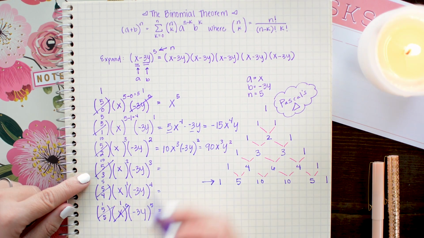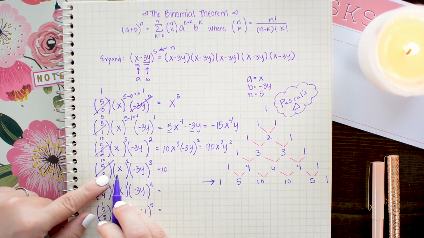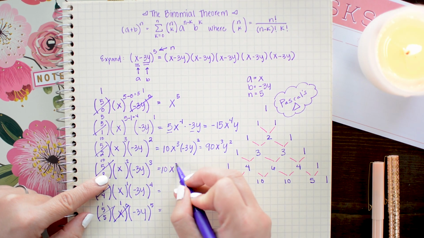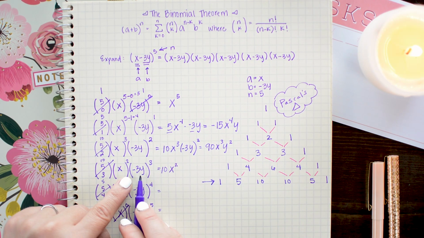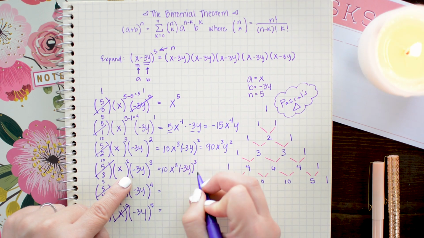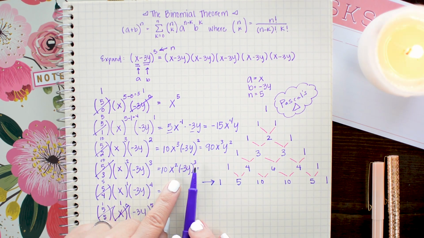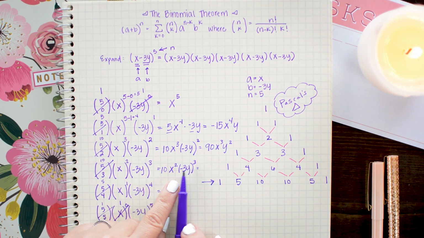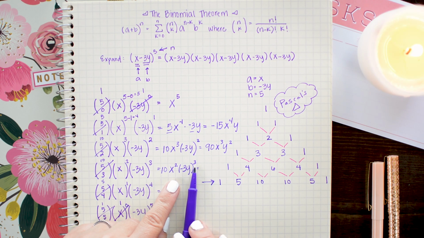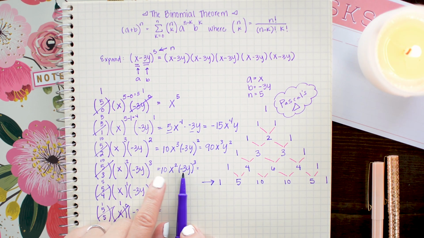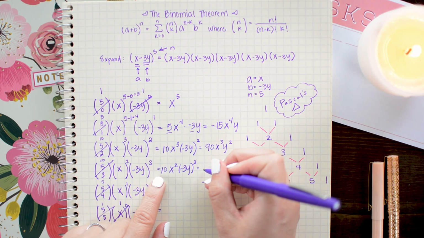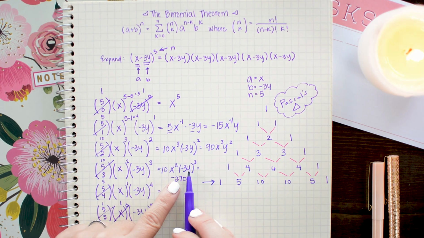For the next one, again, I have 10 x squared and negative 3y cubed. When I multiply out the negative 3 with itself, I get negative 27y cubed. So negative 27 times 10 gives me negative 270 x squared y cubed.